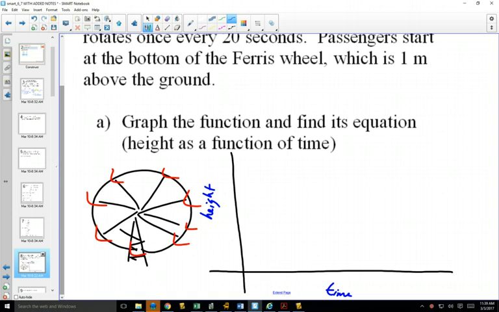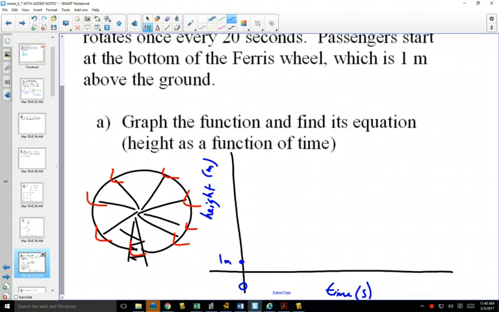And where are we at time 0? At 1 meter. So height is in meters, time is in seconds. So they tell us we get on 1 meter above the ground.